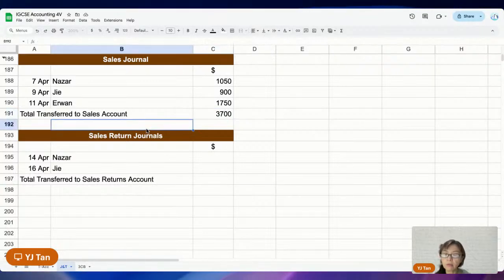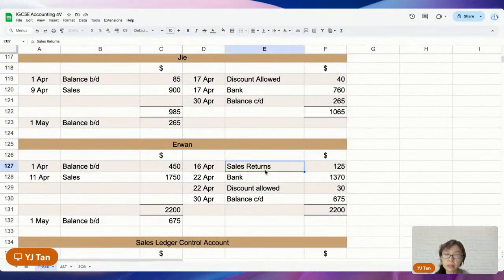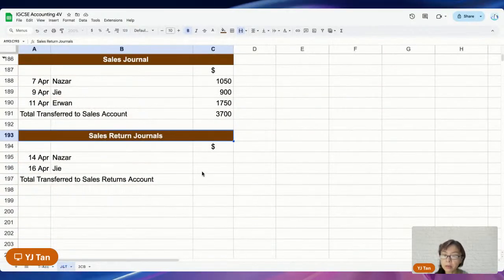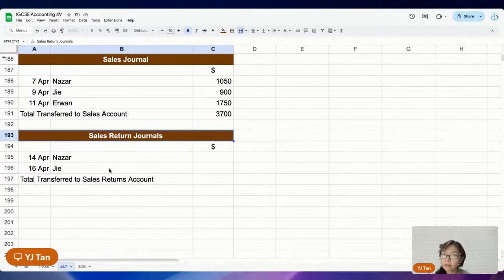Now let's have a look at the sales return journal. In terms of sales return, we can see one is 125. Oops, let me double check. Actually, it's not Jade.